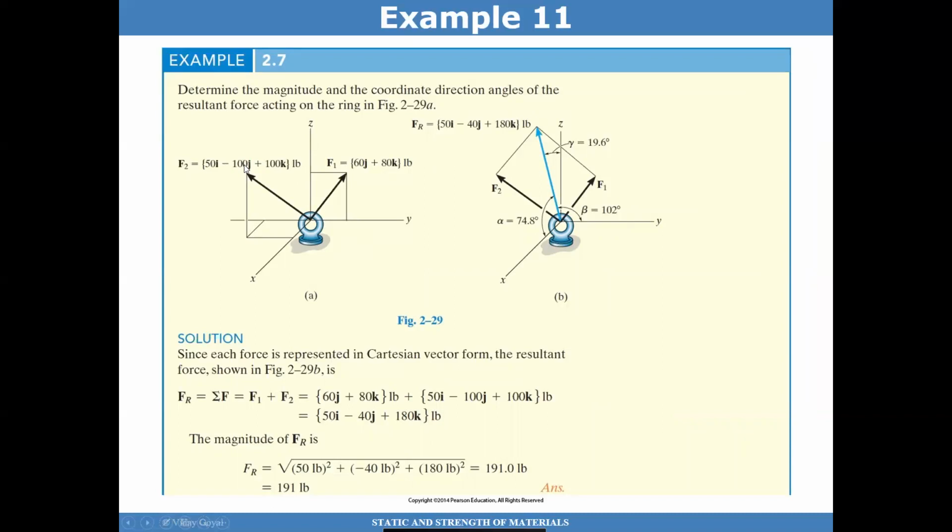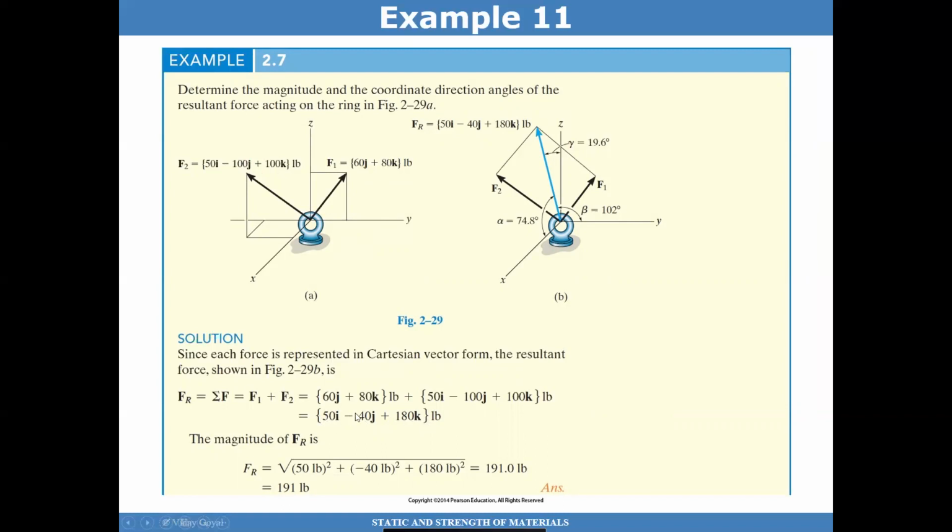And then in the Y direction, you have 60 for vector F1 minus 100, so that's 60 minus 100, which is minus 40. And then you have 100 pounds acting in the Z direction for vector F2, and 80 in the Z direction. That's 180 right there. So that's your resultant force, 50, minus 40, plus 180.